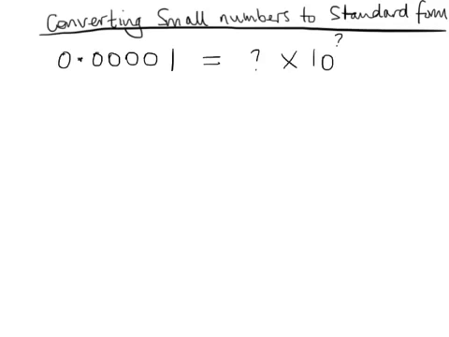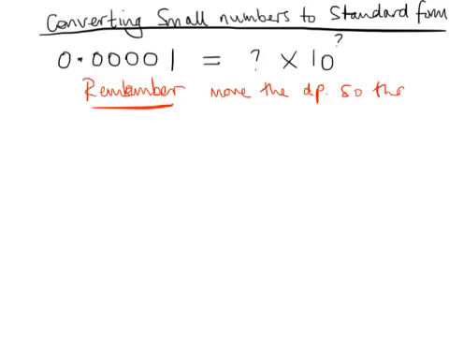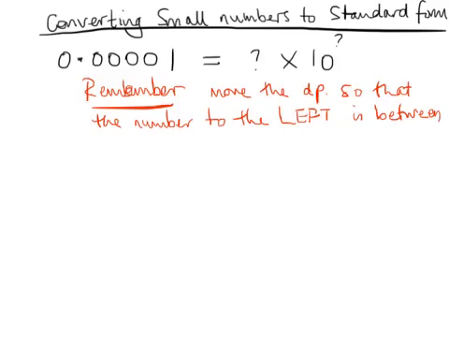Now this time we need to move the decimal point from here to the right so that the number before the decimal point is between 1 and 9. So let's just remind you that, remember, move the decimal place so that the number to the left is between 1 and 9.